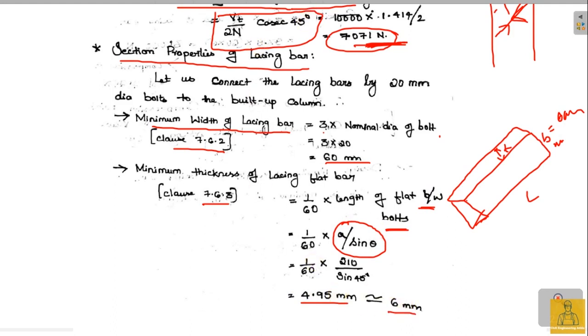So width minimum is 60 mm and thickness is 4.95. Sometimes we will go a little more than that. So we have gone for a thickness of 6 mm and width 60 mm, and the length L of the bar is 297 mm.